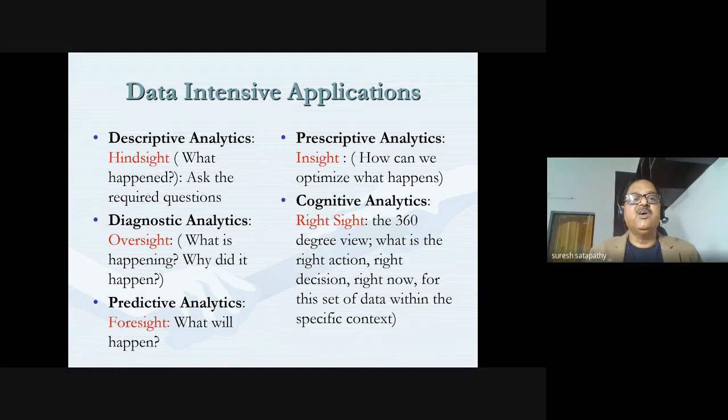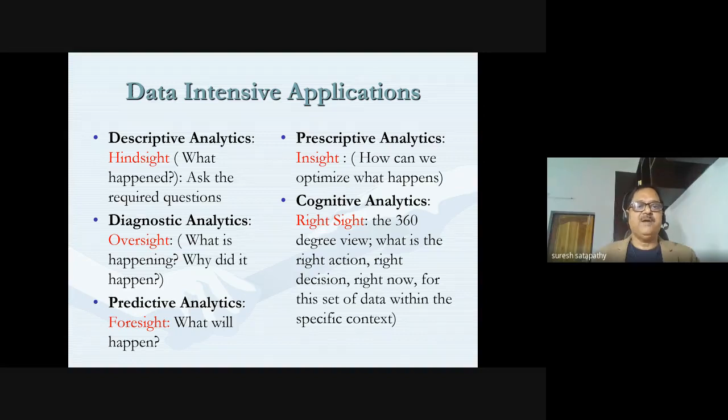He must be thinking about what happened: descriptive analytics, hindsight. Some other might be thinking about what is happening, oversight: diagnostic analytics. Why did it happen in this data? Diagnostic analytics. Some other guys must be working on what will happen.